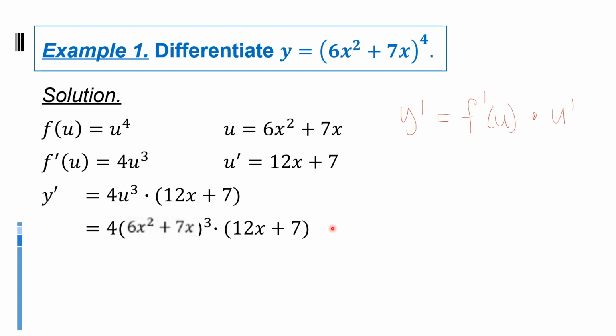So we now have 4 times, palitan natin yung u, we have 6x squared plus 7x raised to 3 times 12x plus 7. Or that is now 48x plus 28 times 6x squared plus 7x cubed. Okay, so ito nilagay ko lang doon, dinistribute ko lang. Ngayon, pwede nyo itong expand or pwede din na ganyan na lang siya.